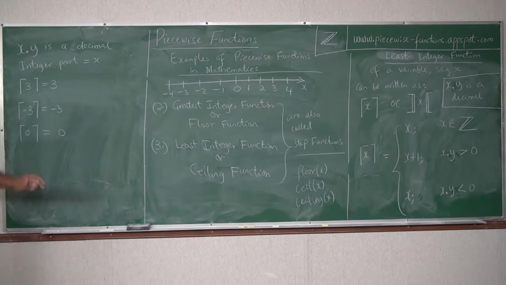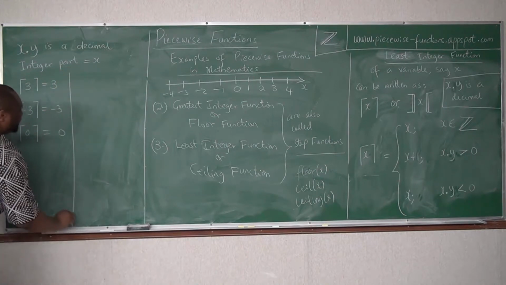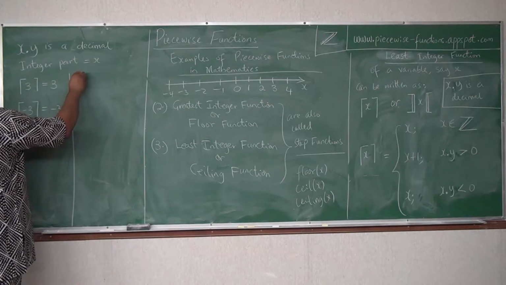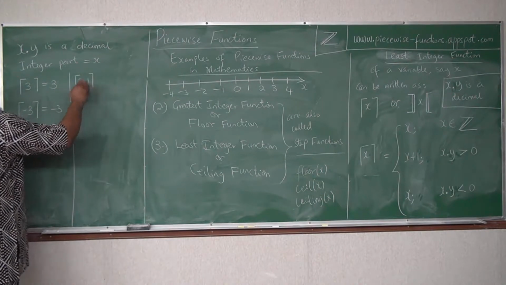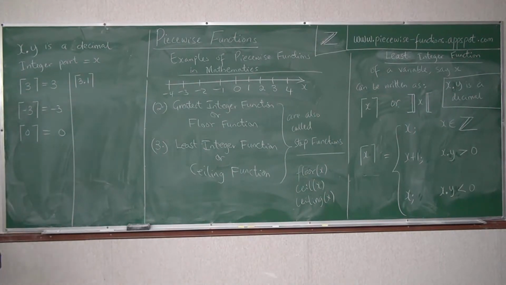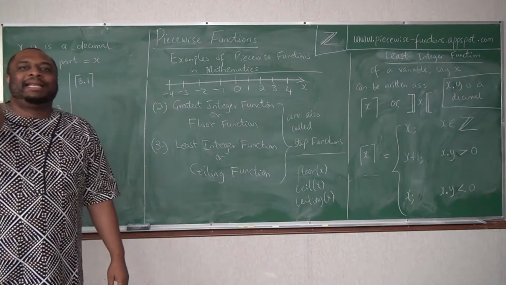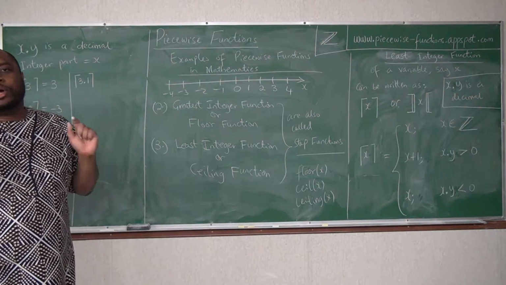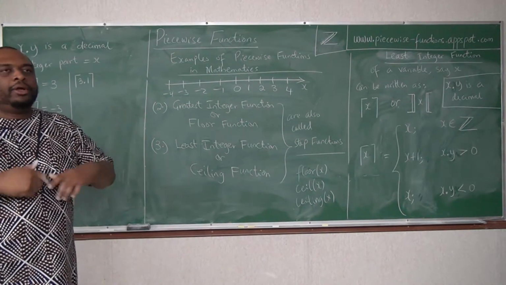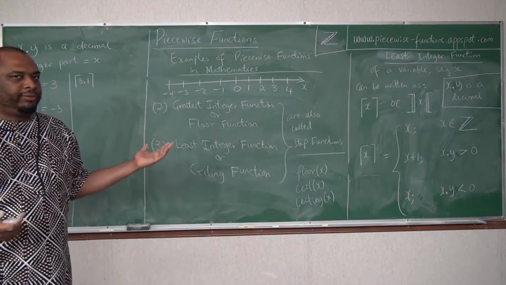Alright, now let's do the positive decimals. If we have least integer of 3.1, it is defined as the least integer that is greater than or equal to 3.1. We don't have any integer that is equal to 3.1.